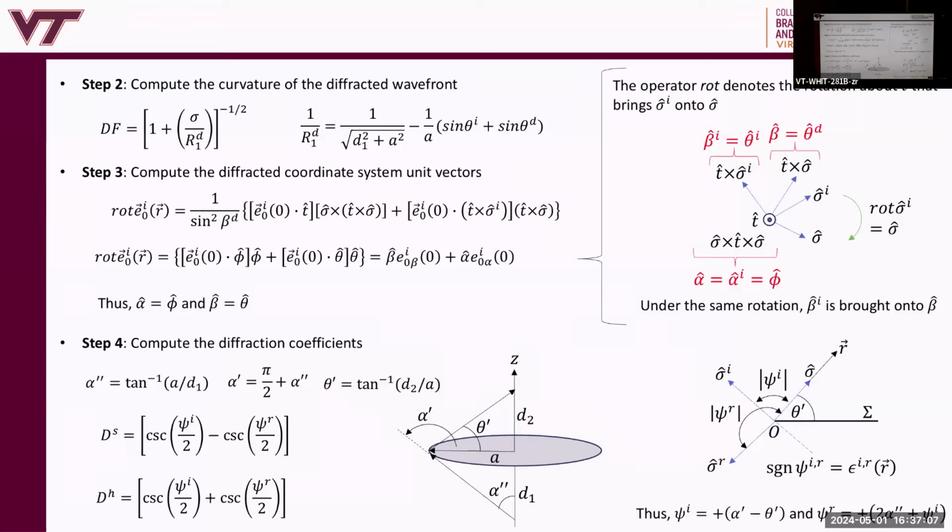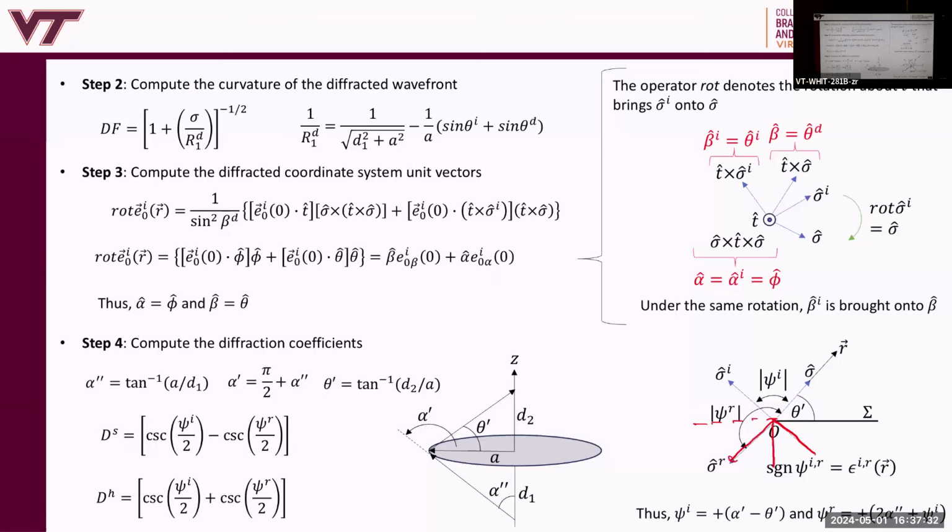Now psi r. What is the angle psi r? The angle between sigma incident and sigma reflected is what? So look here. Imagine this is an infinite plane for now. The incident field is like that. The reflected field is like that.